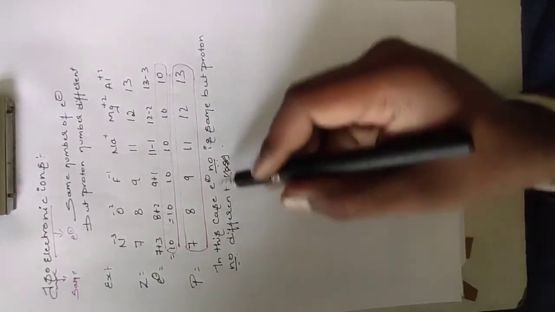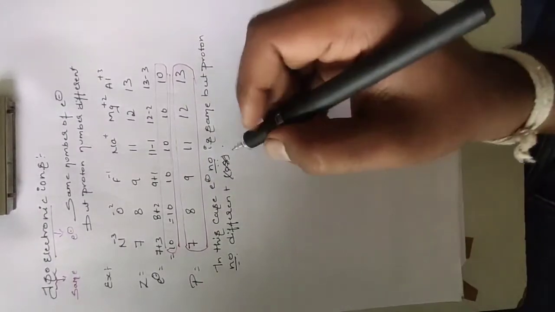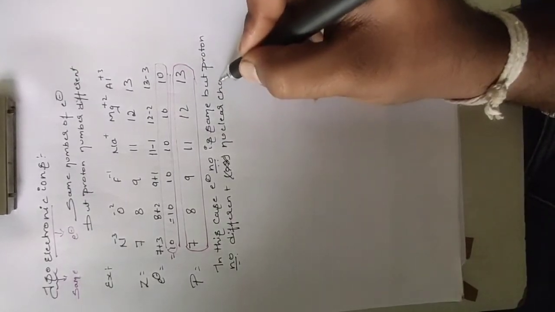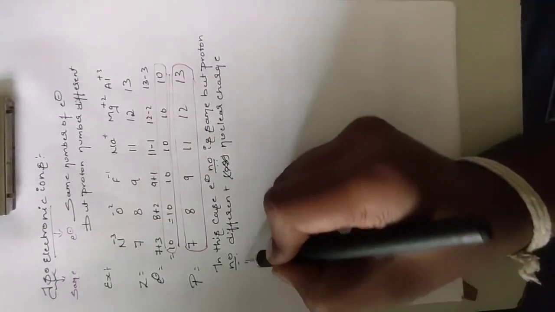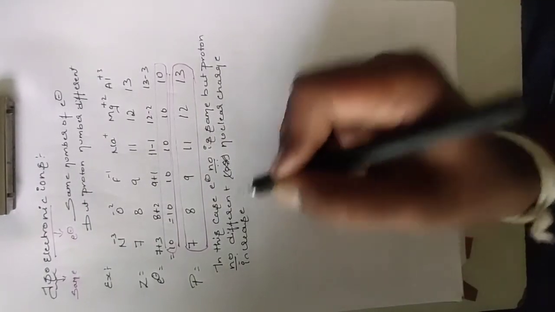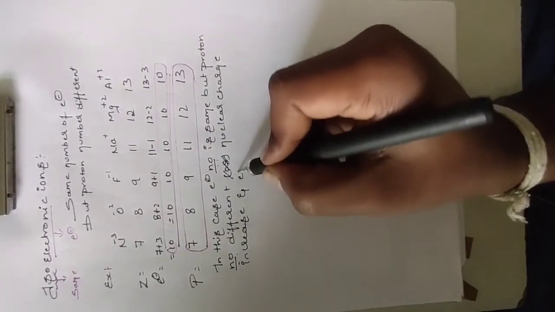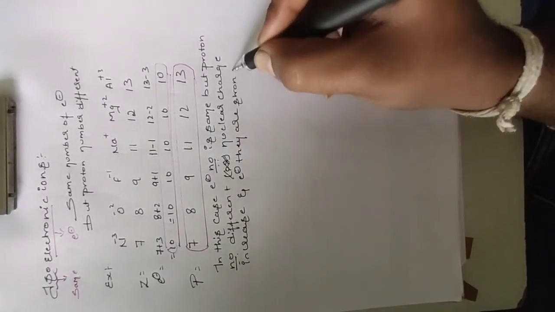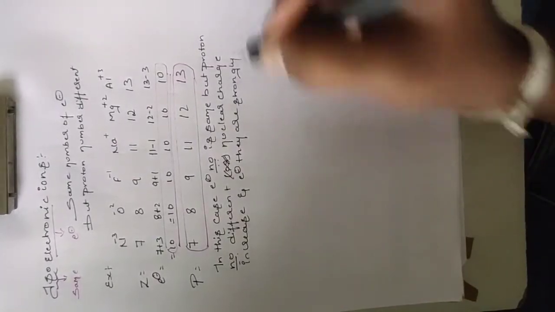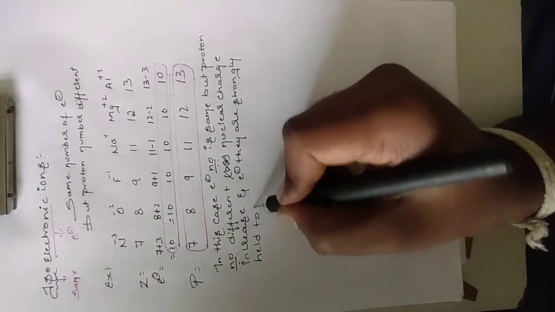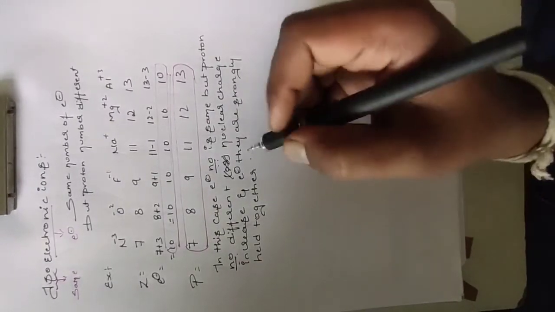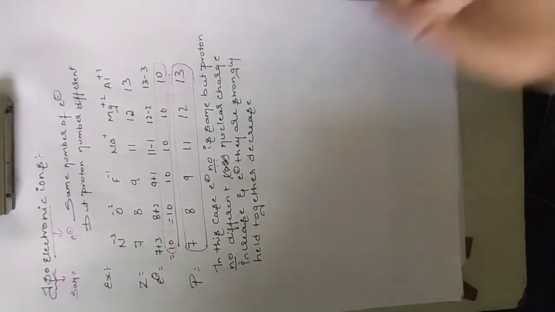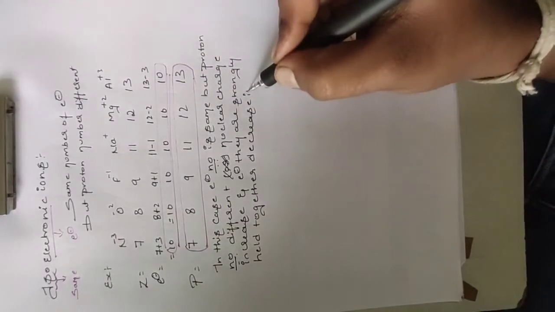In the case where electrons are the same but protons are different, the nuclear charge increases and the electrons are strongly held together, so the size decreases.